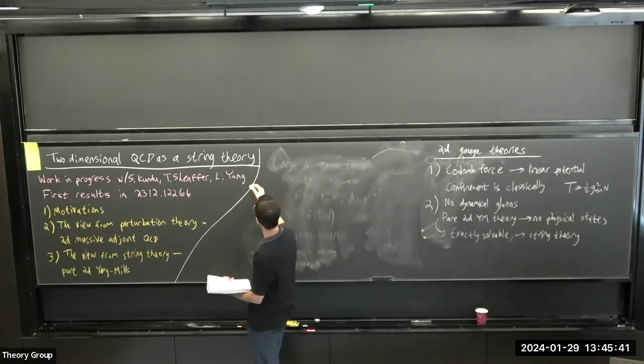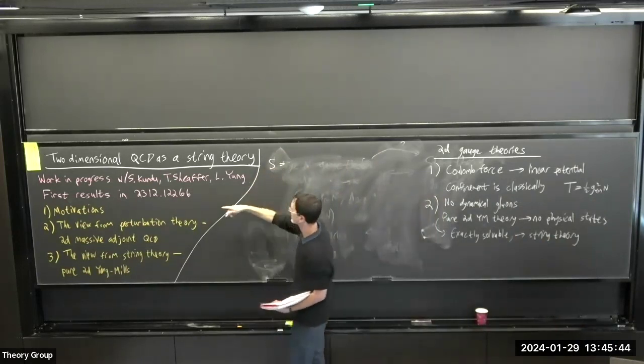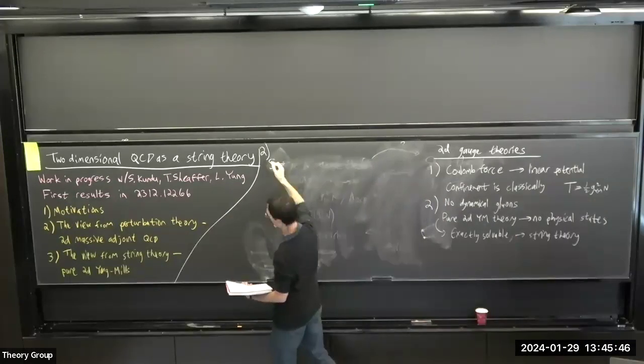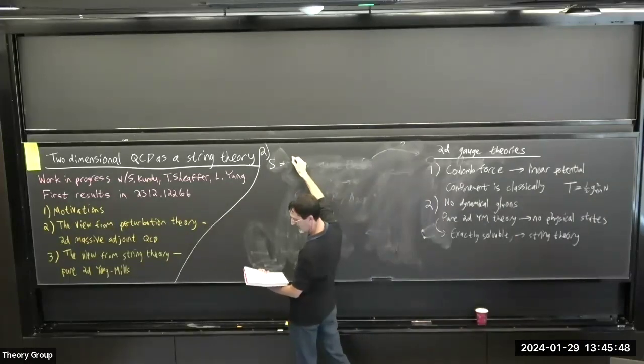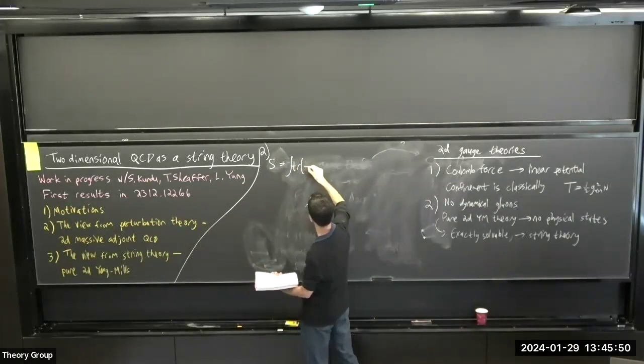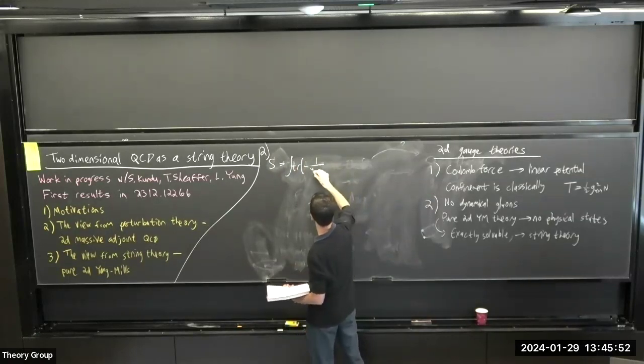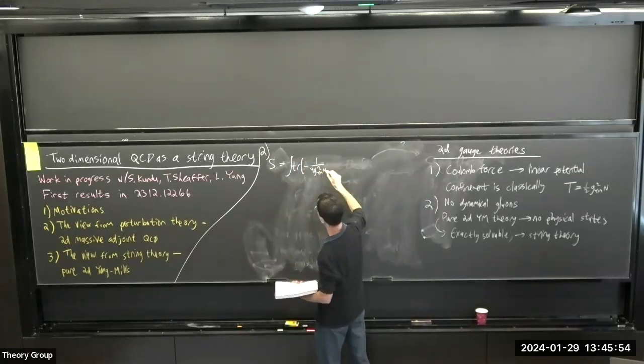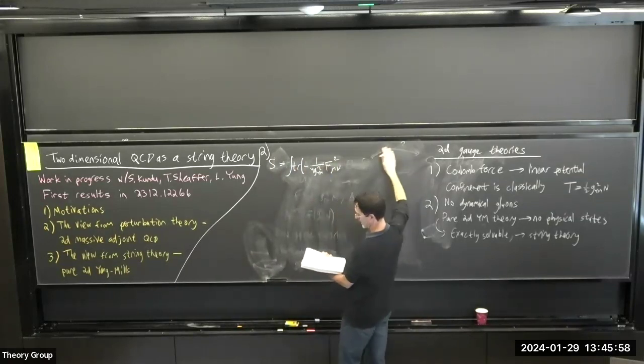So the theory that we want to describe in this part is massive adjoint QCD. We'll discuss SU(N) or U(N) gauge theories. So the action has the gauge kinetic term.